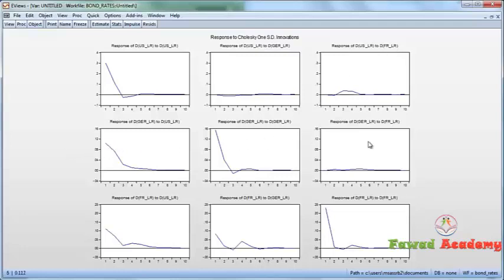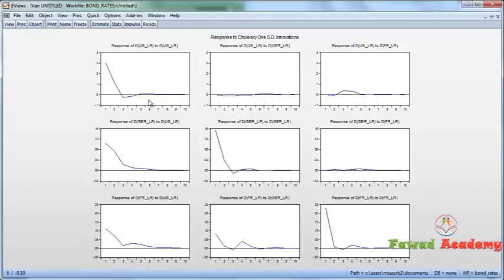The second row will give us the responses of the change in the German rate, first to shocks in the change of the US rate, then to shocks in the change of the German rate, and then to shocks in the change of the French rate. And the last row gives us all the impulse responses for the changes in the French rate, first to shocks in the changes of the US rate, then to shocks in the changes of the German rate, and then to shocks in the changes of the French rate.